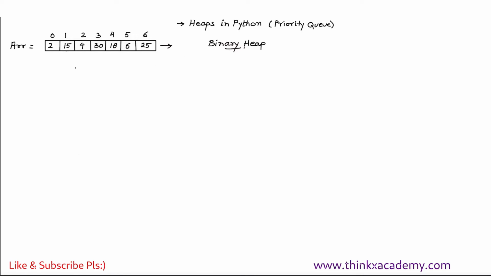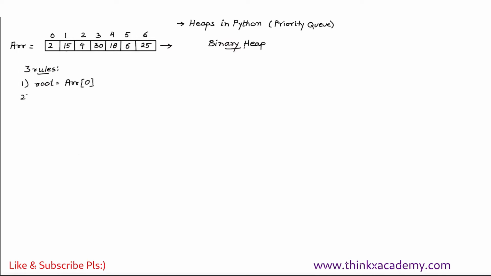We have three rules or three conditions which we will use to represent this array in the form of a binary tree. The first rule says that the root of the binary tree will be equal to the first element of the array, and the position of this root will be equal to 0.